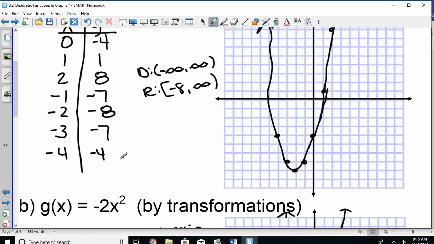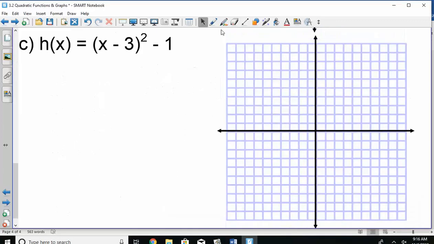Alright, why don't you guys try to graph C using transformations and then give the domain. We've got our parent function.